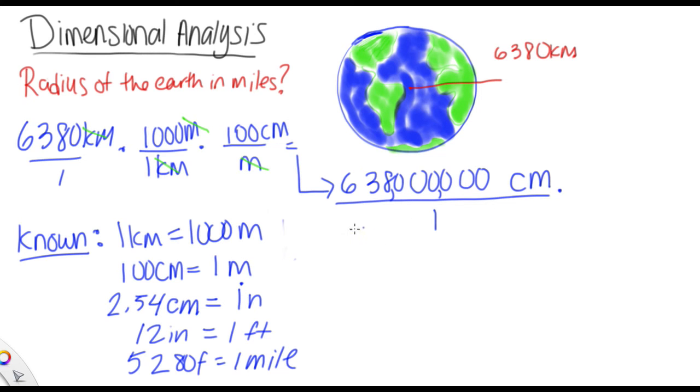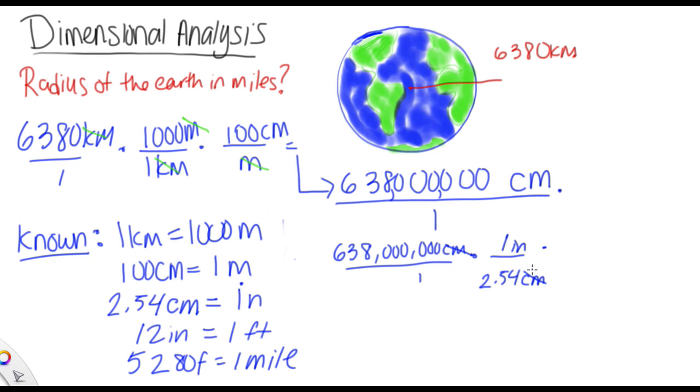So just to make this a little smaller, we have 638 million centimeters multiplied by 2.54 centimeters in the denominator, 1 inch in the numerator. Just going to cross those out.